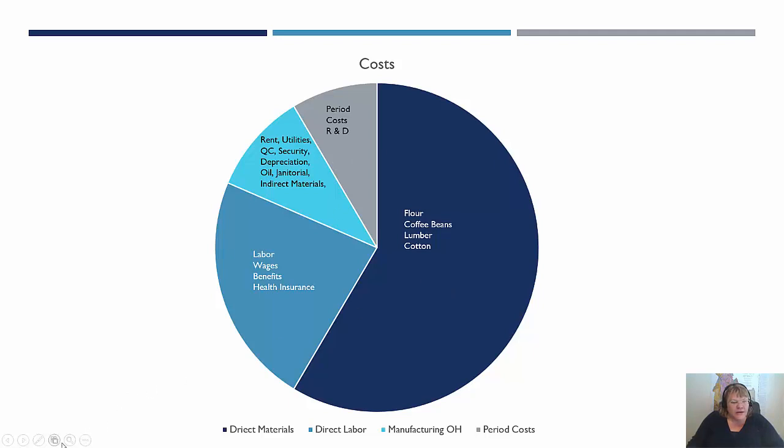And we're going to go back to the pen and write pretty bad. This here, the direct materials, these are your prime cost. Okay. So right there is your prime costs. And over here is your conversion cost.